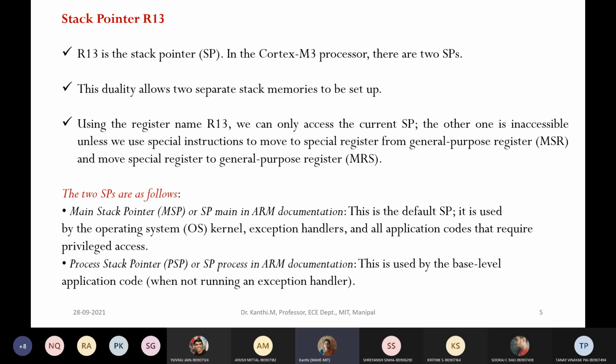So when we switch between the two modes, we need to make use of these registers so that it can copy certain information into the special registers.